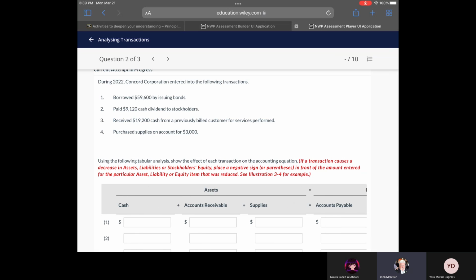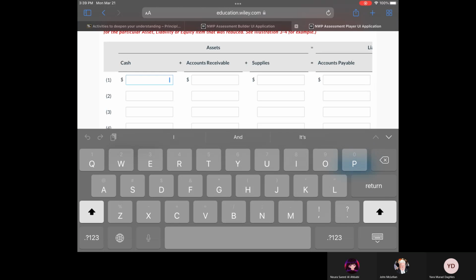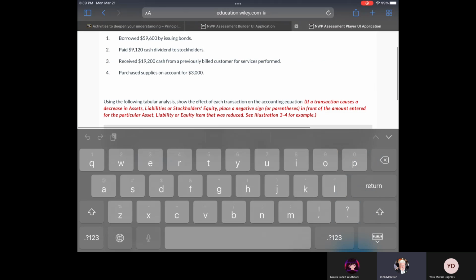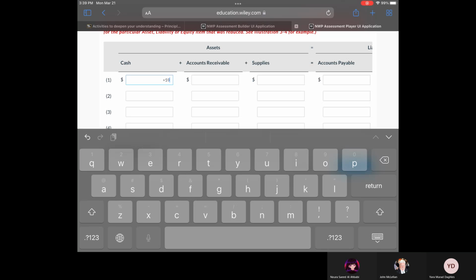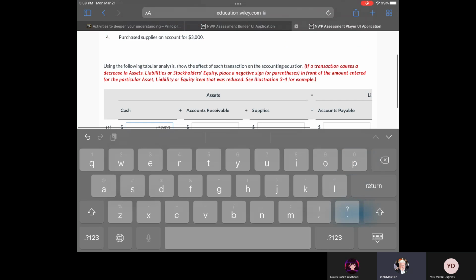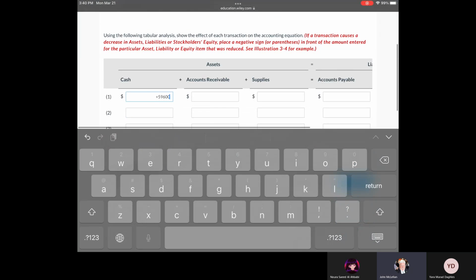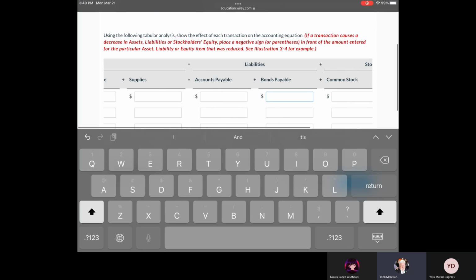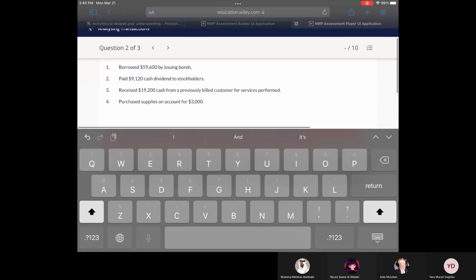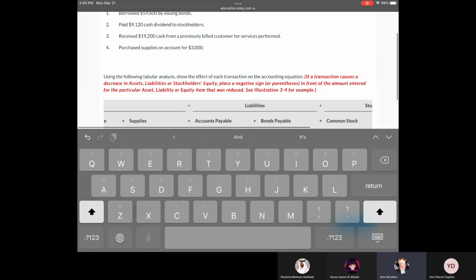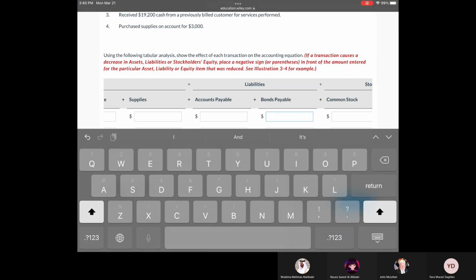Cash go up or down? Ah, I received 59,600. You can copy and paste that. And bonds payable, did it go up or down? Or you have to put a plus or a minus in front.